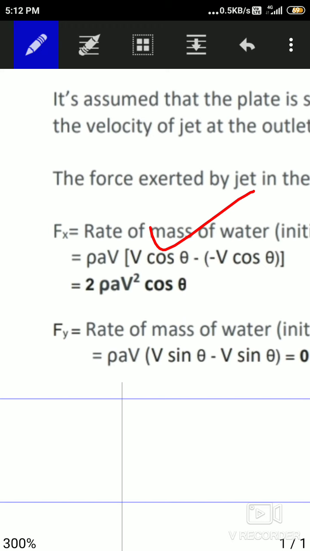And again another v is there. That's why the final expression will be 2 rho A v square cos theta.